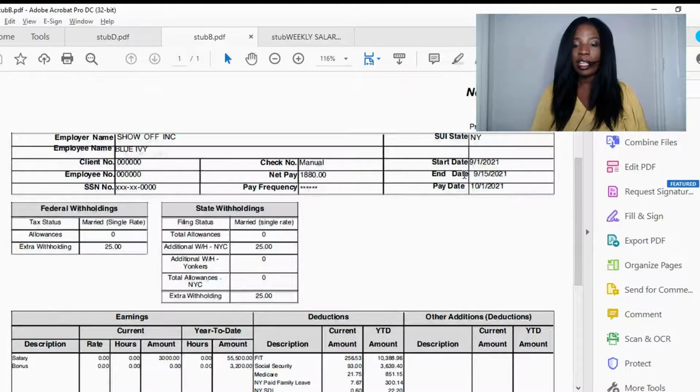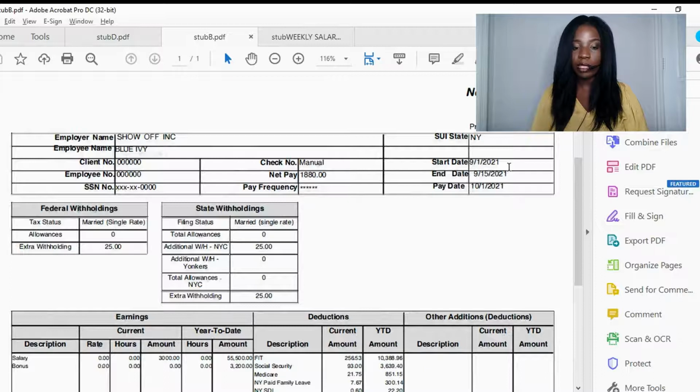You look at the start date and the end date, and if they have the hours listed, if it's like 96 hours, then you know that this is definitely a person that gets paid twice a month. So again, these are fundamentals and something that you really should know as a processor, because you're calculating income and you want to make sure that you have the right figures, that your DTI is accurate, etc.